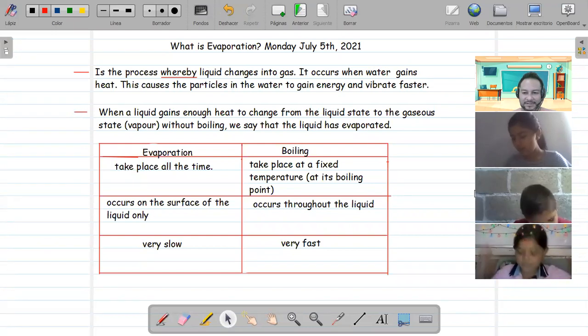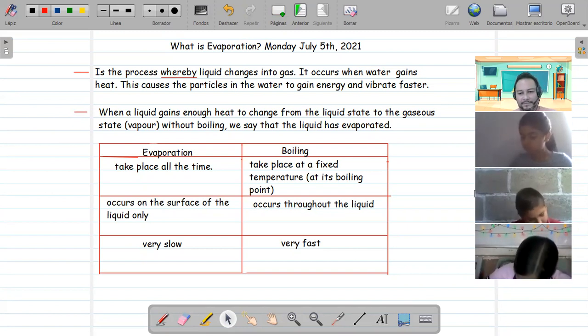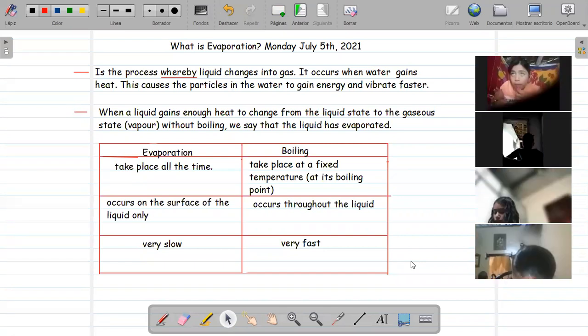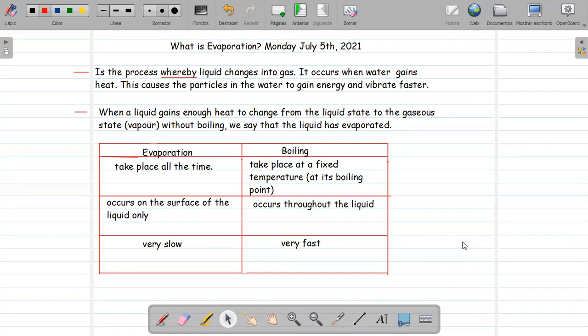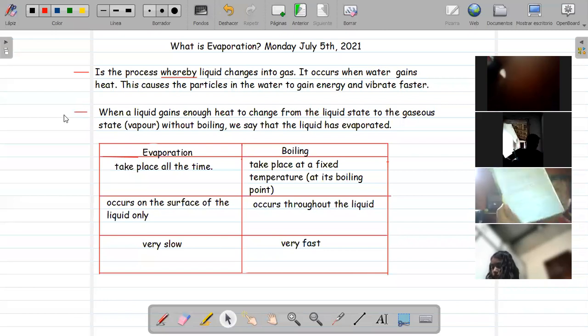Okay, the students who already finished can disconnect and wait in math.